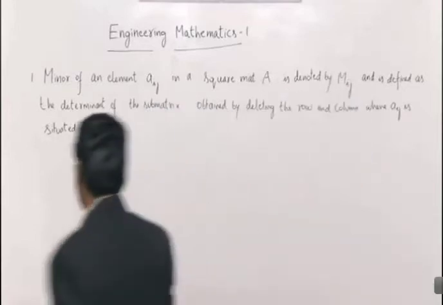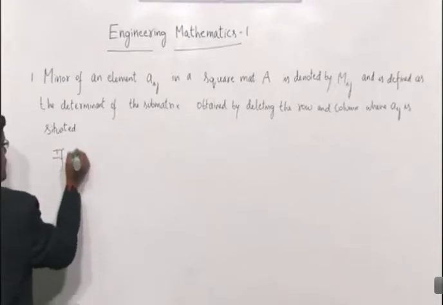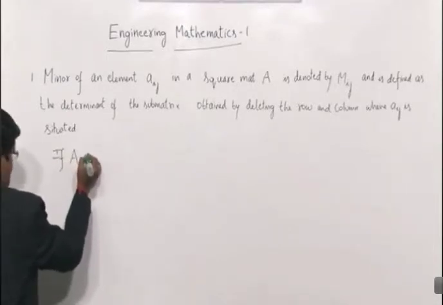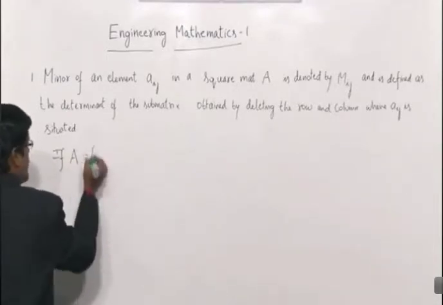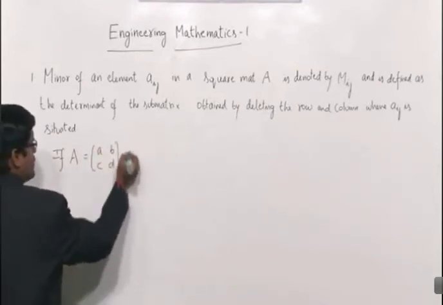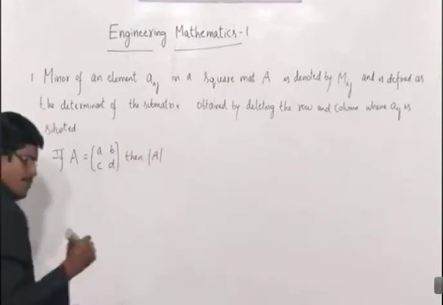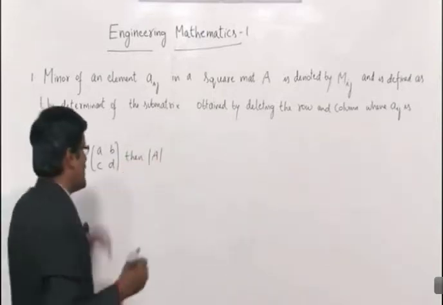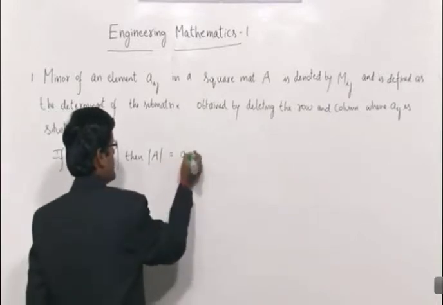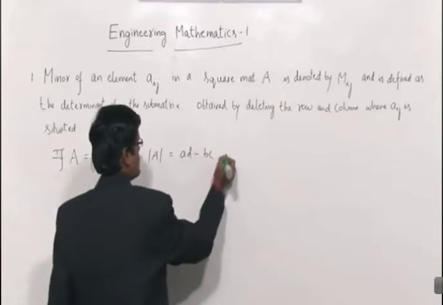Here you remember one formula. If A is a 2 by 2 matrix, which is a 10th class formula, A, B, C, D, then determinant A, or modulus A, pronounced as "det A", is defined as this diagonal product minus this one, AD minus BC.